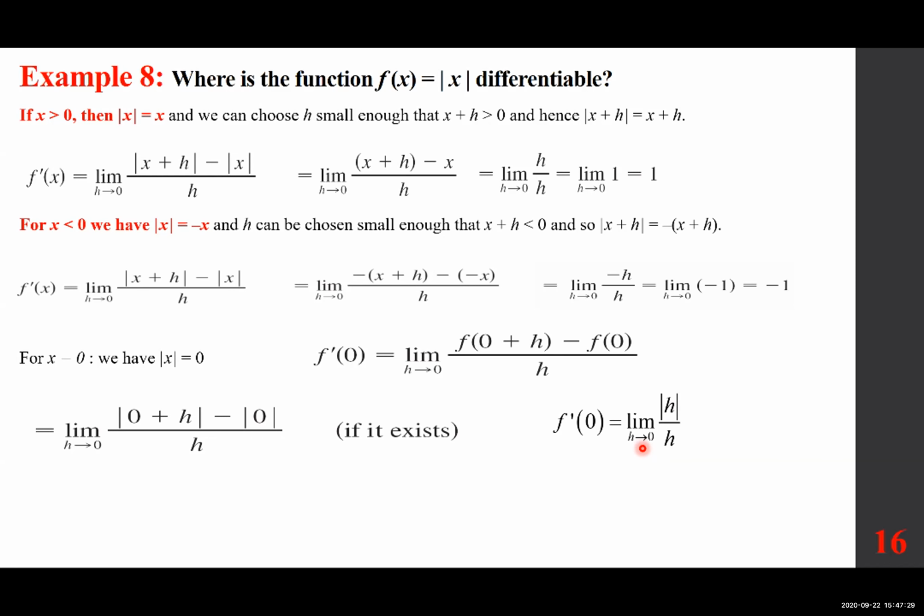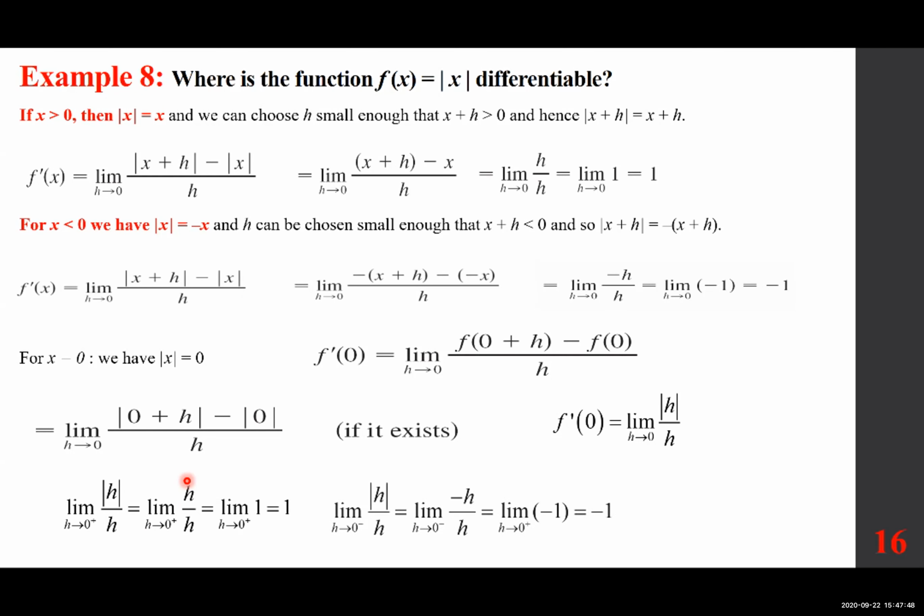Now, what happens if we approach 0? h approaches 0 from the right. If it's 0 from the right, you can drop the absolute value and it becomes 1. If we approach 0 from the left, we can drop the absolute value, but we change it to minus h, and it becomes negative 1. Therefore, what does it mean?